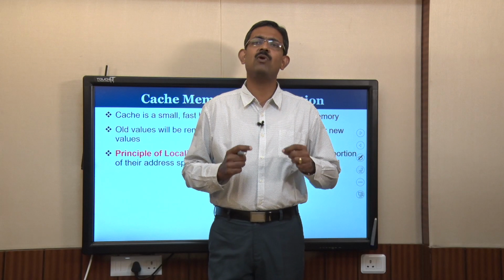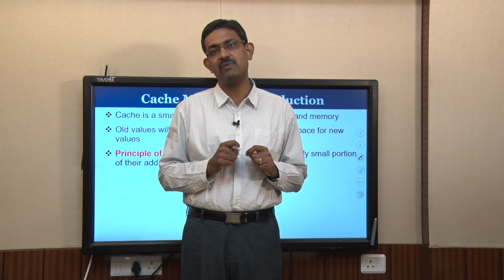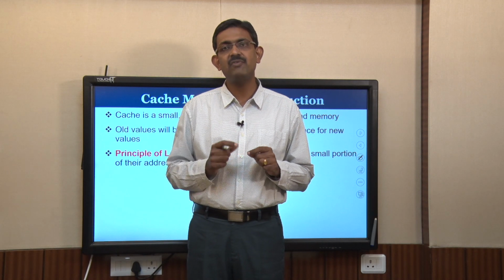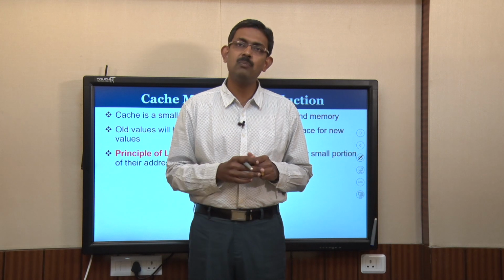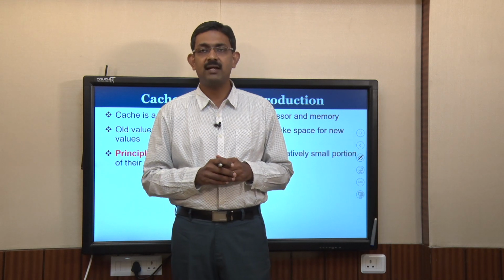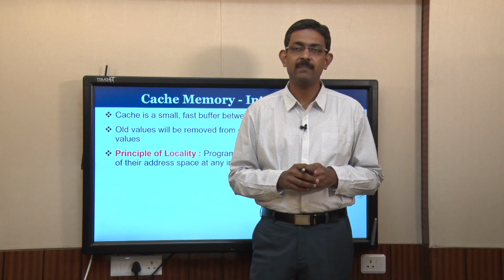We will try to understand what we mean by the principle of locality of reference. It is defined with two sub-principles. The first one is called temporal locality and the second one is called spatial locality.